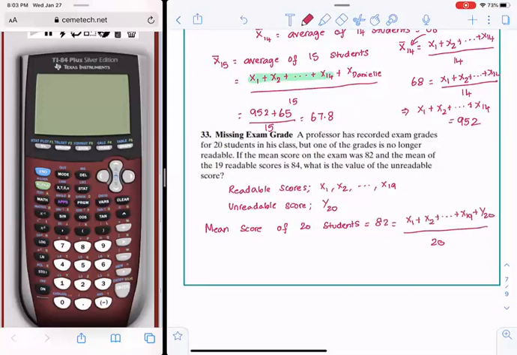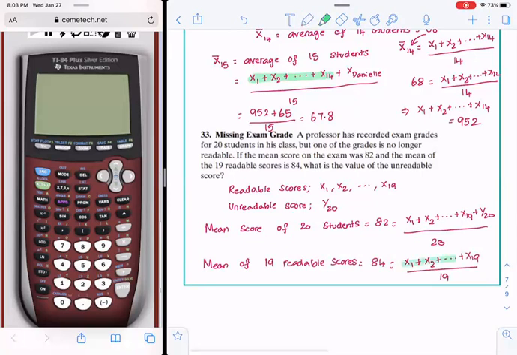And we also know the mean of the 19 readable scores is 84. In other words, that is simply x1, x2, all the way up to x19 divided by 19. So using that, we can find the value of x1 plus x2 all the way up to x19.